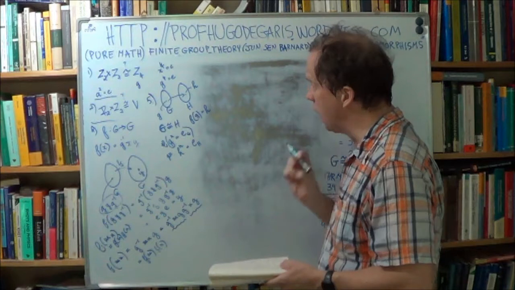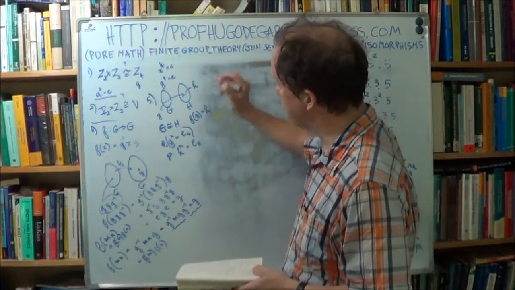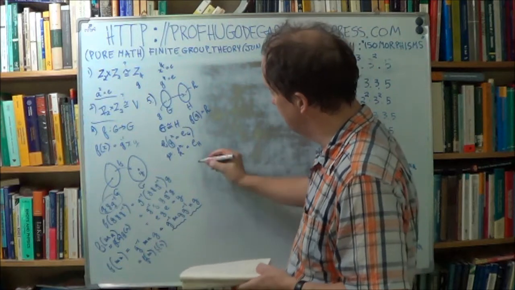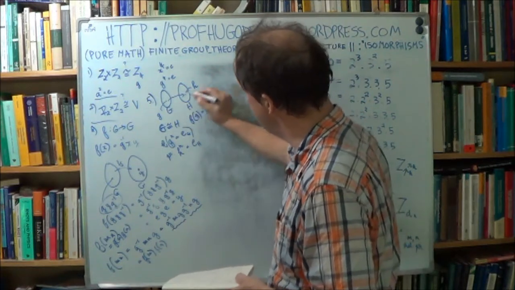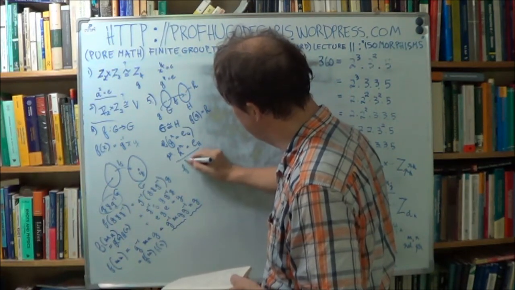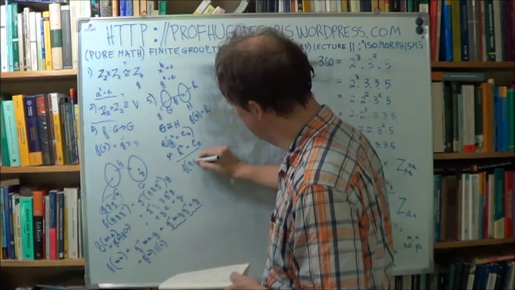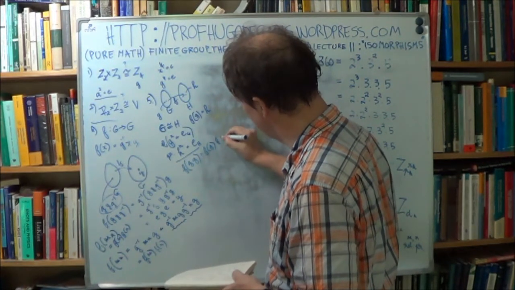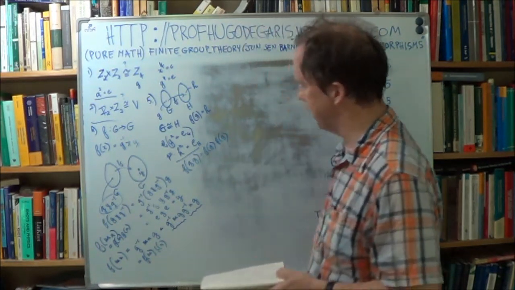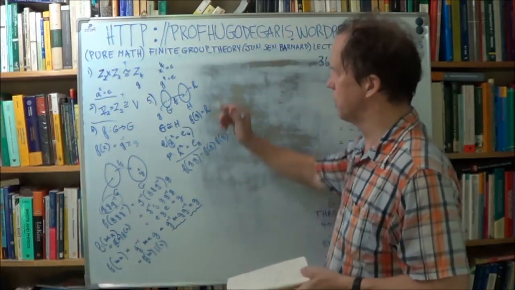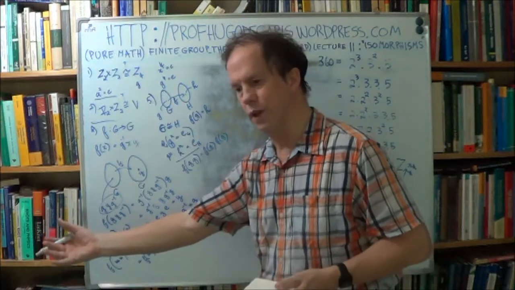Now, we're told that G and H are isomorphic groups. That means this mapping function f will obey things like this: f of g1 g2 is equal to f of g1 times f of g2. We're not trying to prove they're isomorphic.